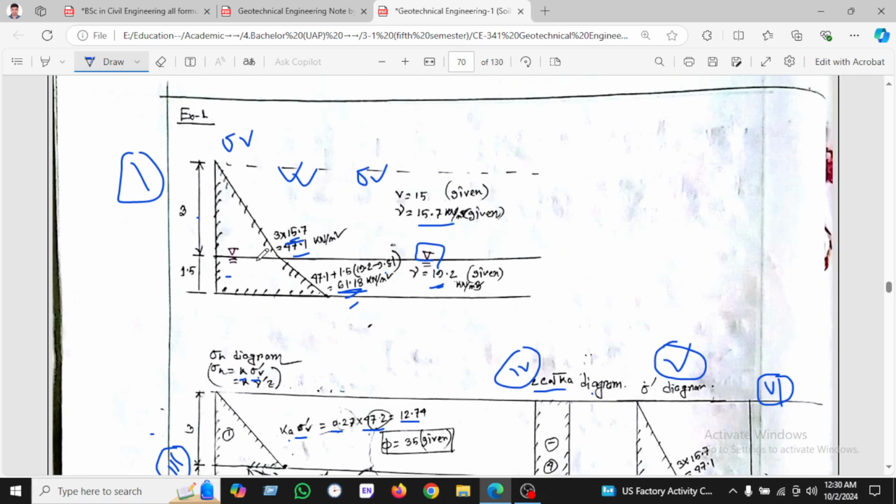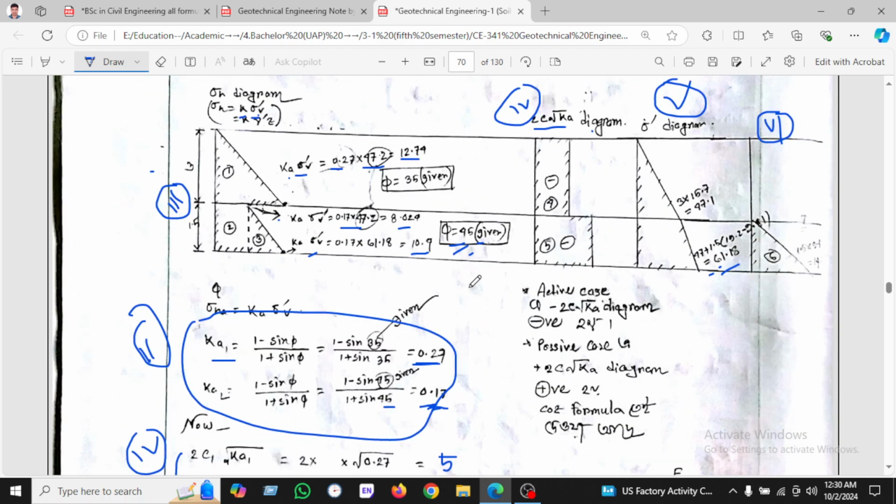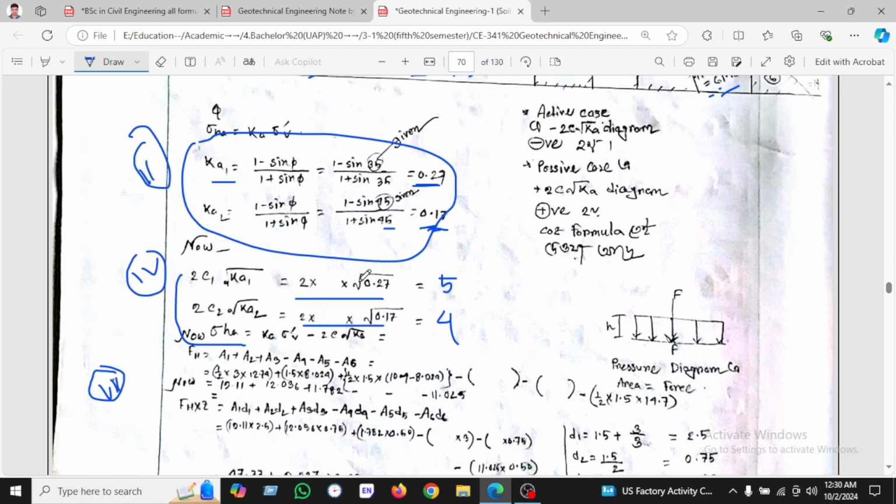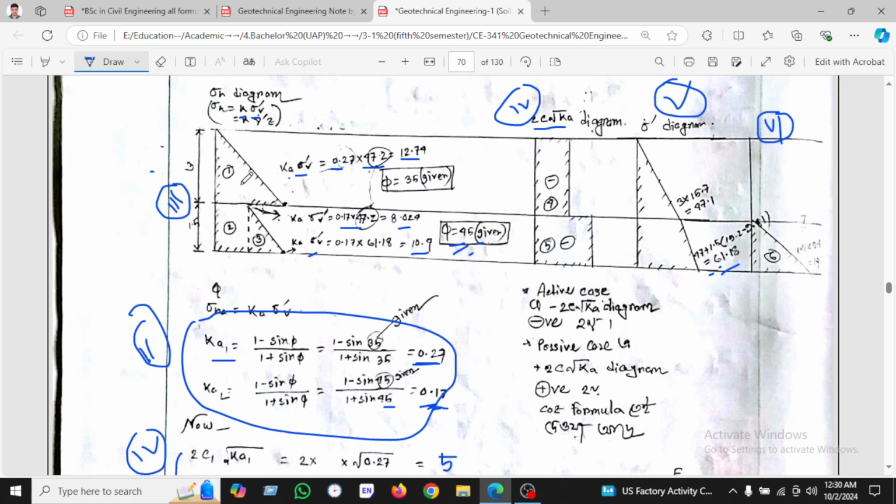We know the pore water pressure is here, so we will only calculate the pore water pressure portion and find this value, and that will be our number 7 step, which is the horizontal pressure area: area 1, 2, 3, 4, 5 and 6.